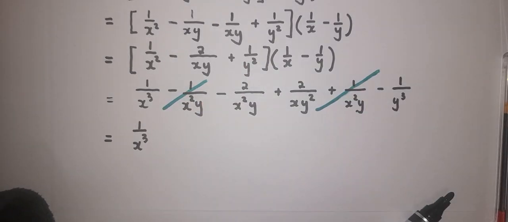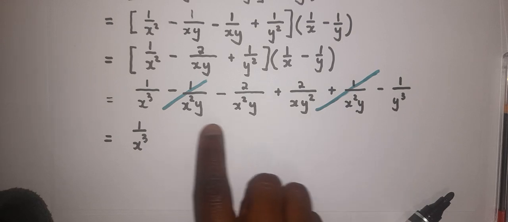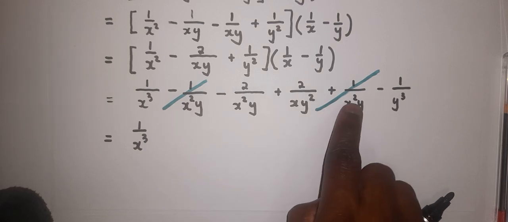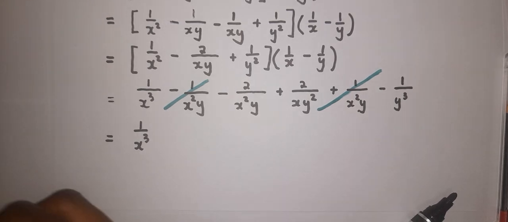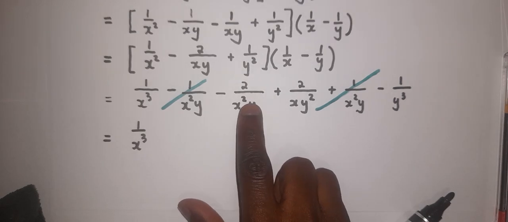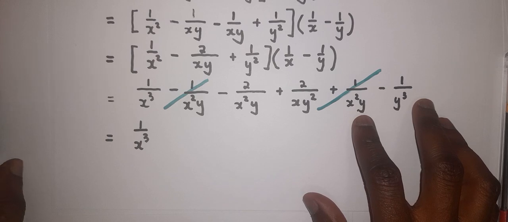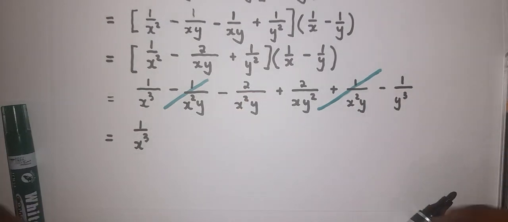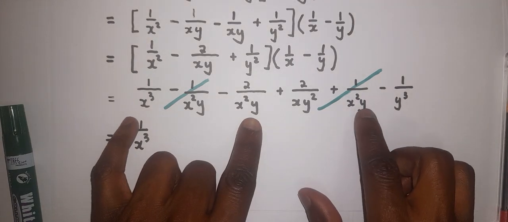And then you will see also that these two we have, pardon me, x squared y, there. Right, and then we will check this one. We have 2 divided by x squared. Wait, I think there's a mistake right here. Right, yes, this in fact is supposed to be, let's quickly check.